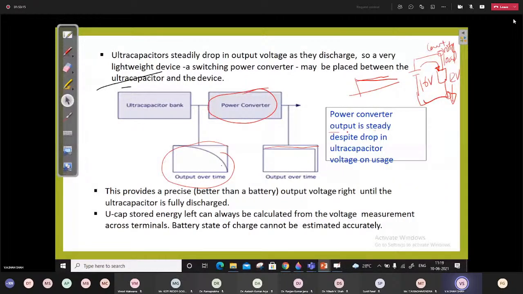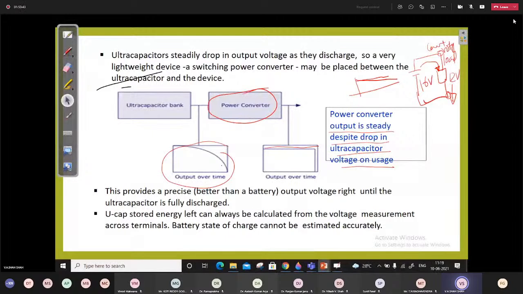This is the voltage drop in the usage of the supercapacitor, but at the load point, your output voltage will remain constant with the help of the power converter. And that is the reason why power electronics play a very important role whenever you want to use supercapacitor as an energy storage device for any application. Then only you are able to utilize the full capacity of the supercapacitor.